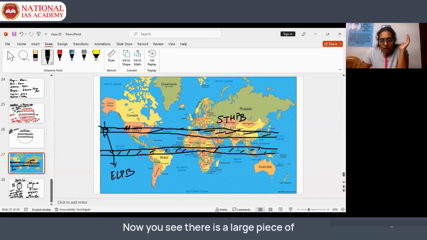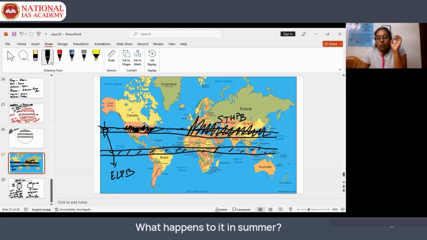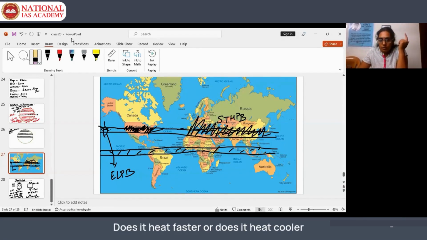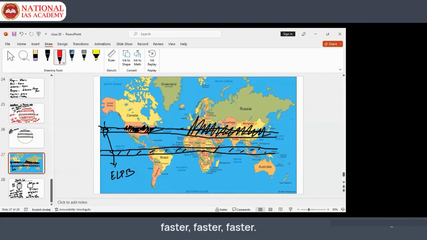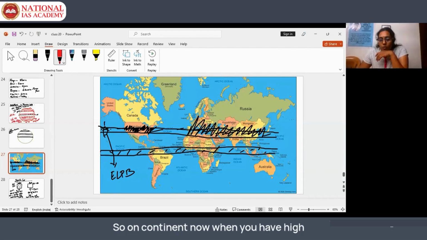Now you see there is a large piece of continent here and there is a substantially large piece of continent here. Continent, what happens to it in summer? Does it heat faster or does it heat cooler? Faster.